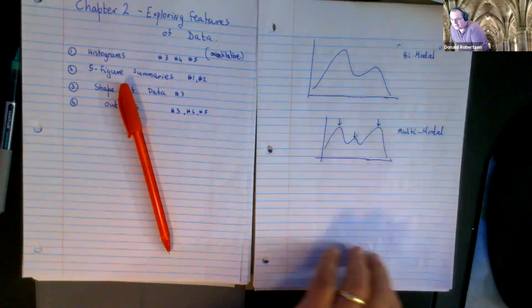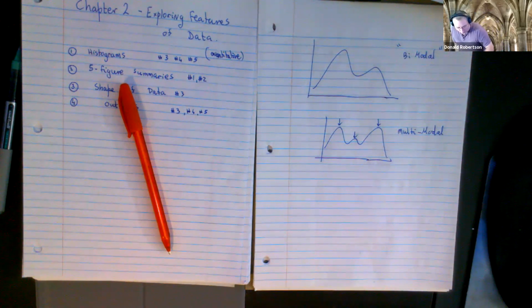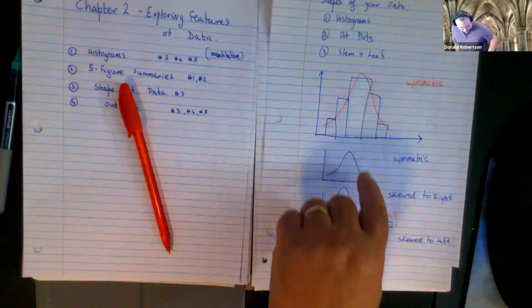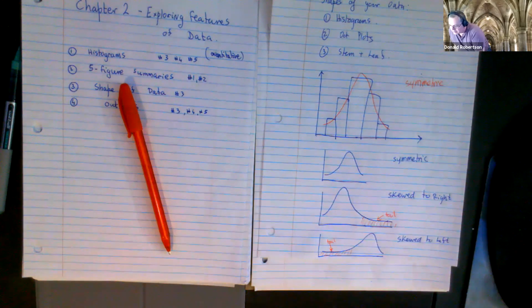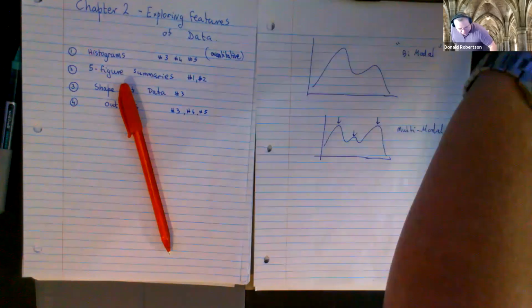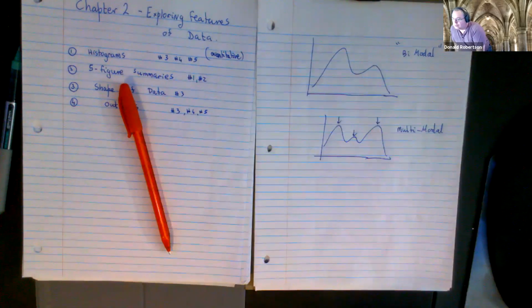So you can have one hill, and if you've got one hill, you'll probably be symmetric, skewed right or skewed left. You've got one hill, but you're probably going to be one of these three. On the other hand, if you've got two hills, we'll call you bimodal. If you've got lots of hills, three or more, we just say they're multimodal.